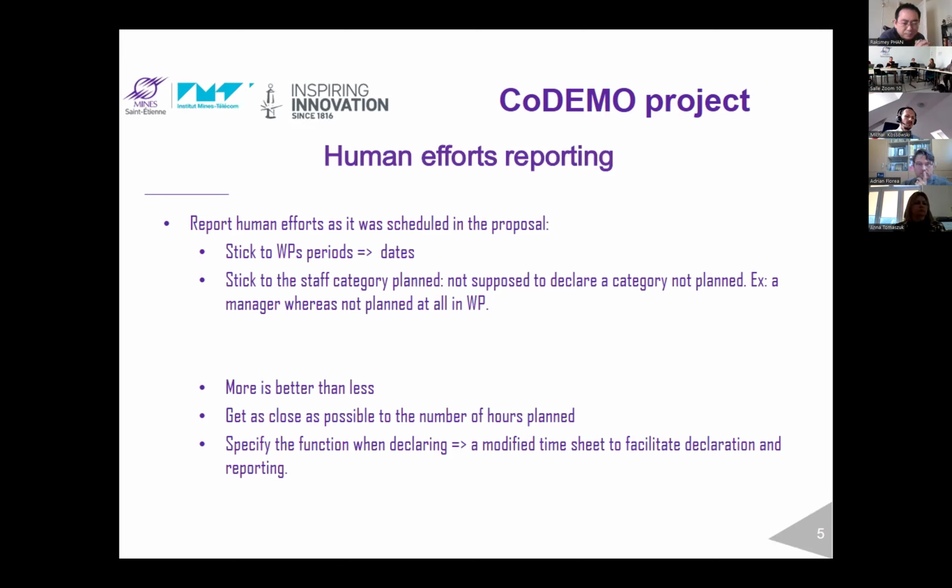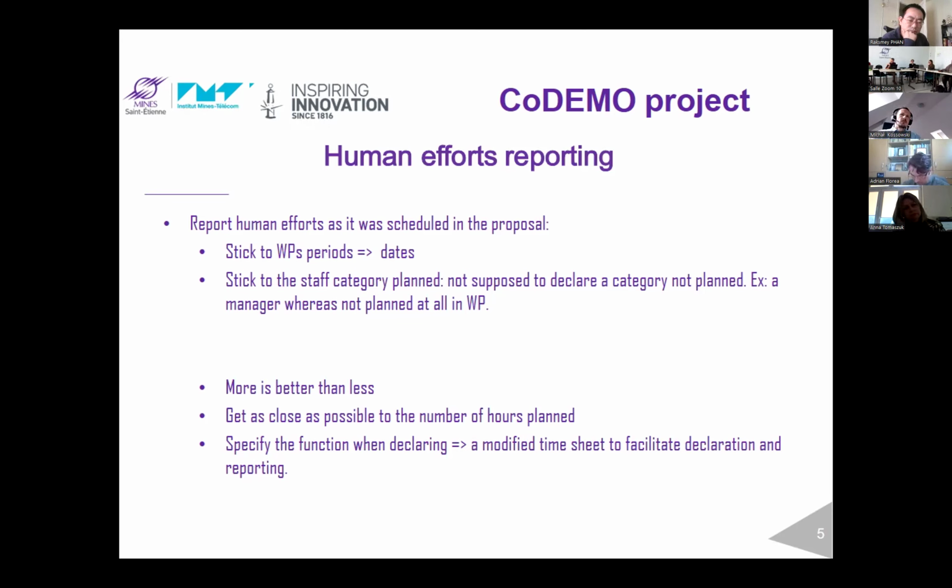I saw some cases where a manager declared some time on a work package. In fact, the category of manager was not appearing in the proposal, so you're not supposed to declare it. Just one point: you can change the category in each work package for one person.